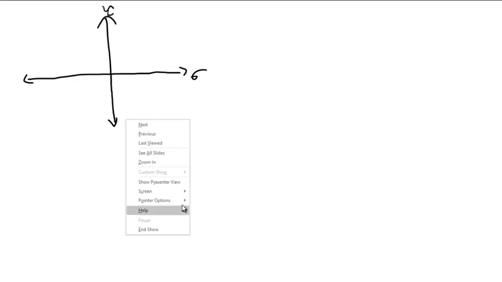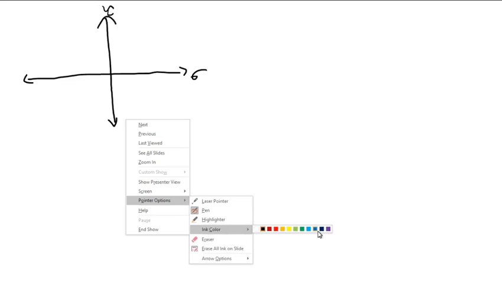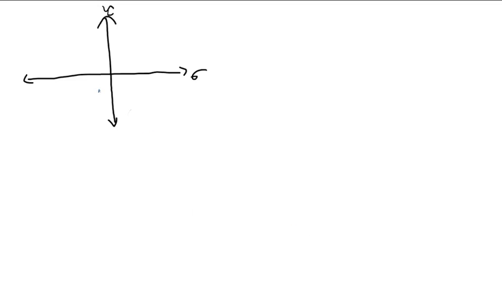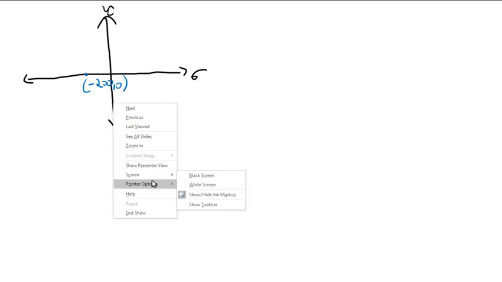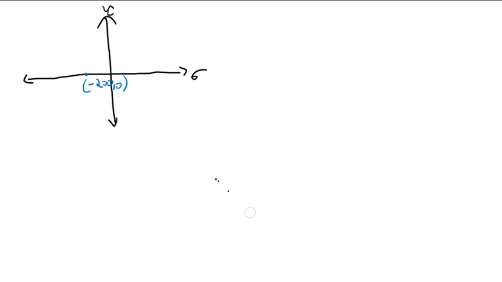So the center of this circle is at negative 200, comma 0, and the circle is, well, like shown.